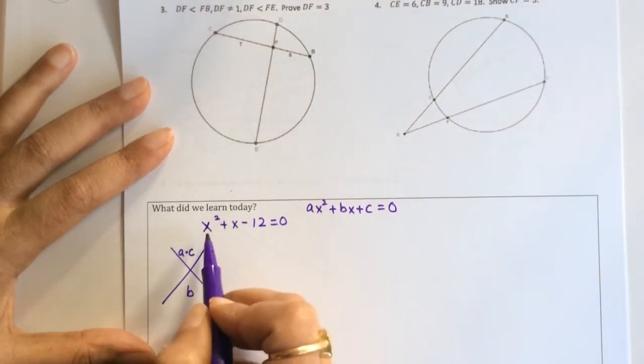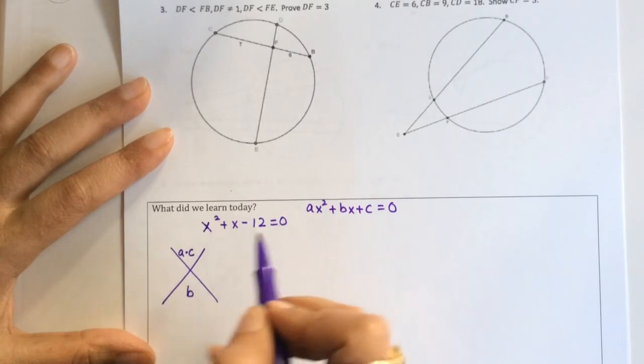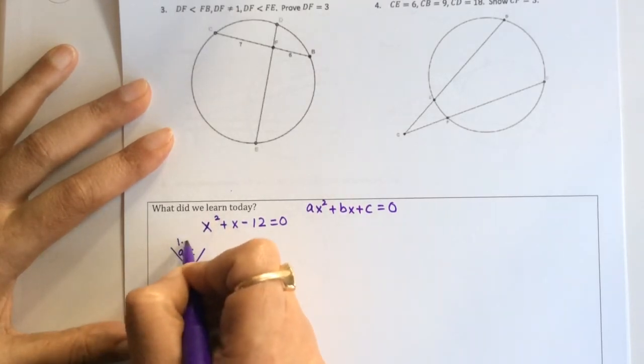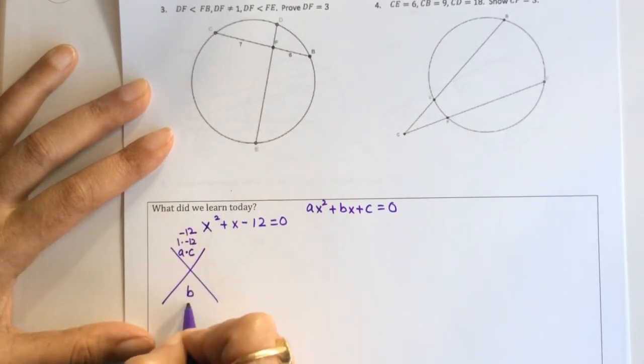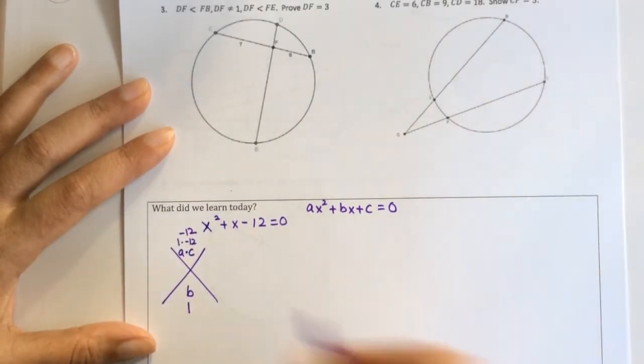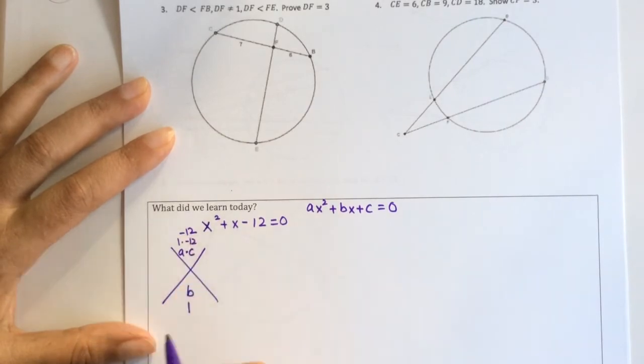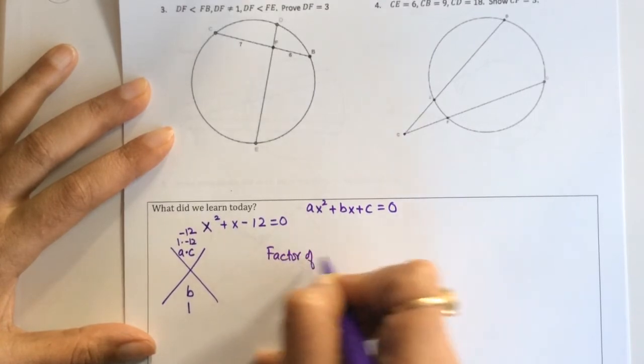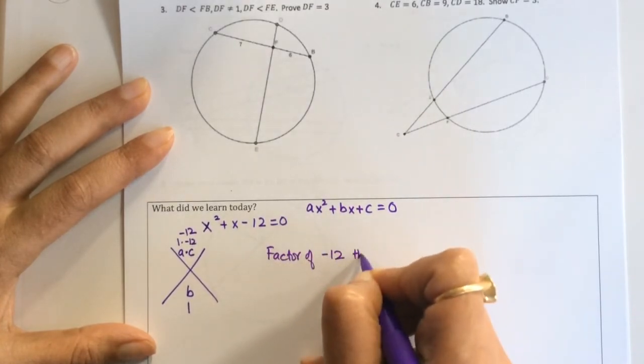So in this case, a is 1 and c is negative 12. So 1 times negative 12 is negative 12, and b in this case is 1. So I'm looking for factors of negative 12 that add up to 1.